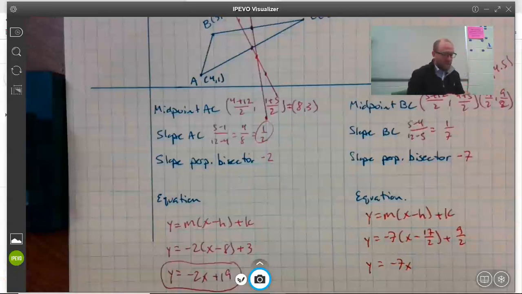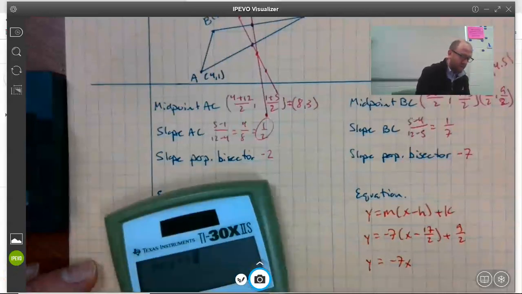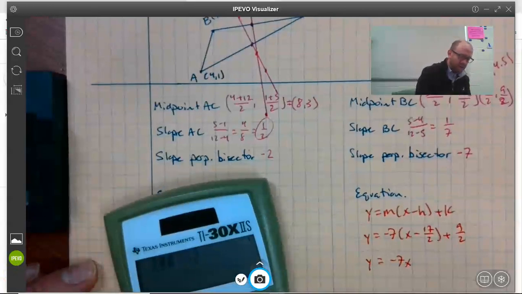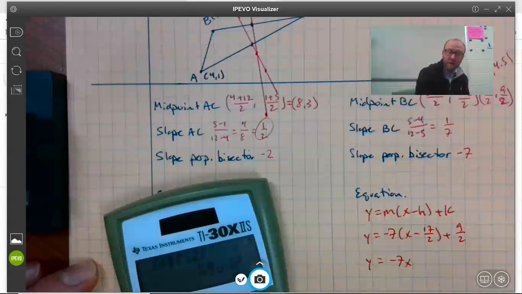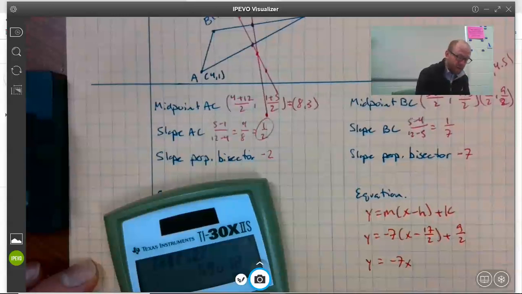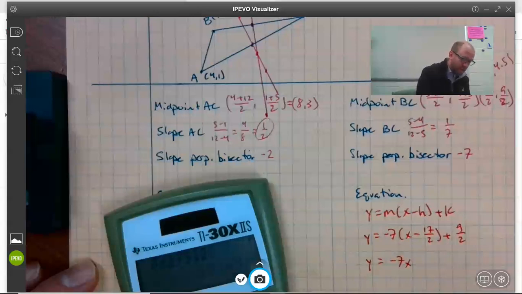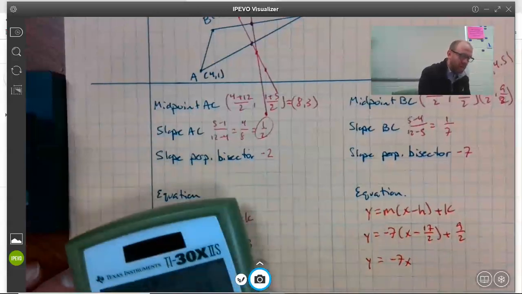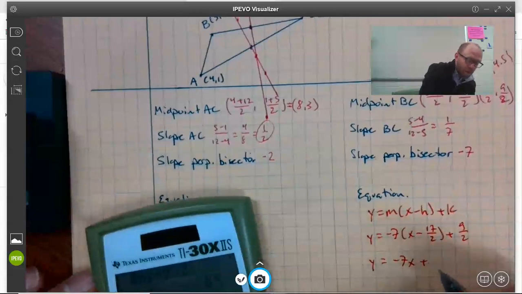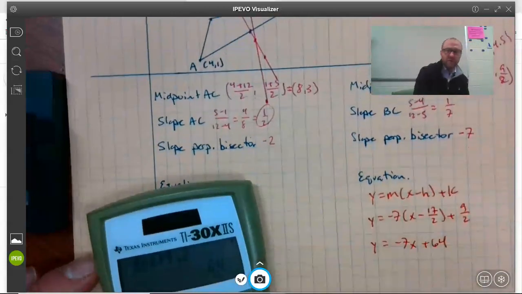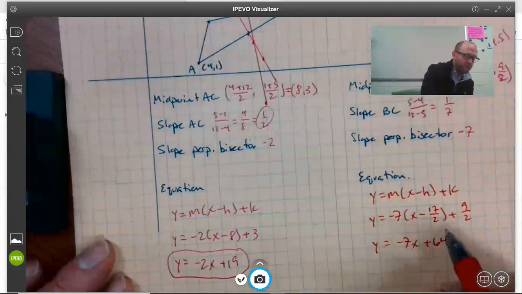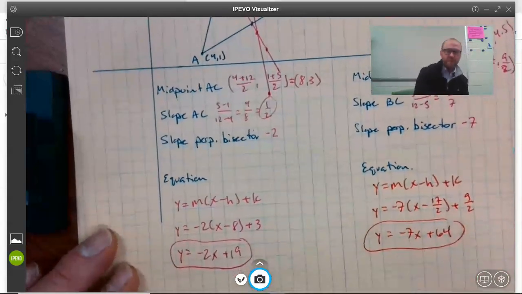This is going to be 7 times 17 over 2, which is 59 and a half, and that'll be positive, plus 9 over 2, which gives 64. So y equals -7x plus 64. That turned out to be kind of not so bad a number. Okay, so that's our equation there.